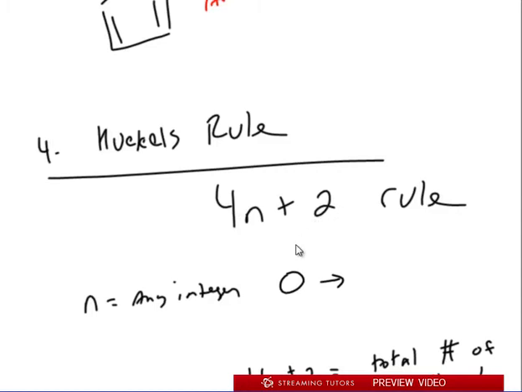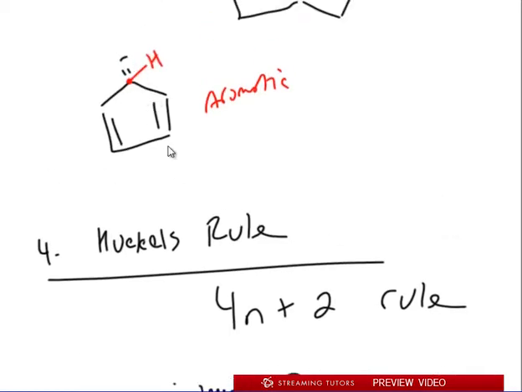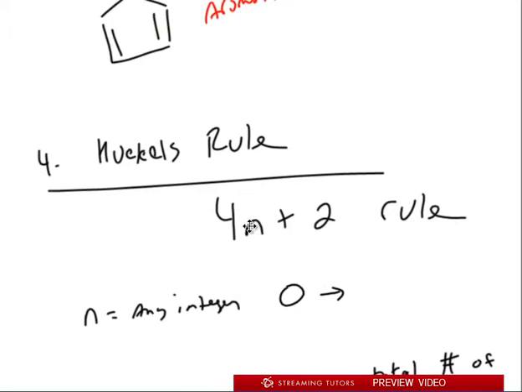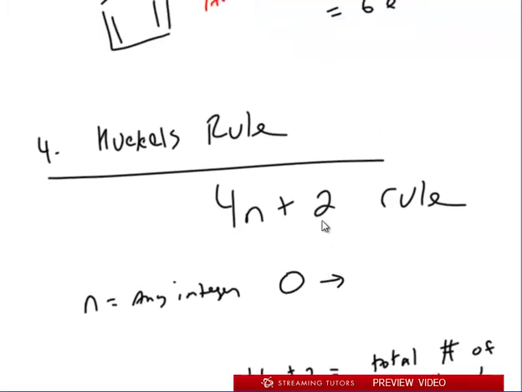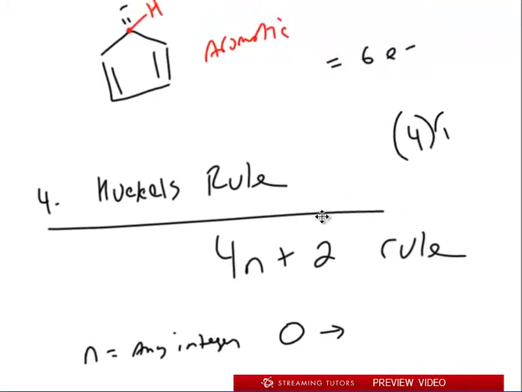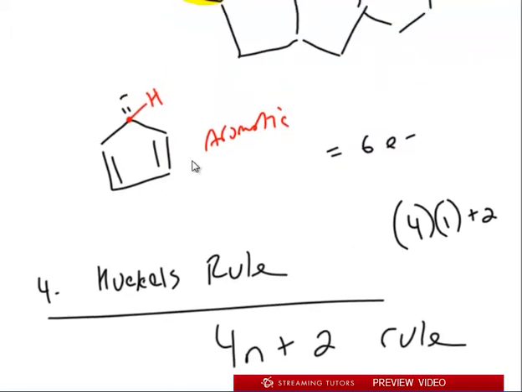So if you have a system with 2 electrons, it's going to be aromatic if it follows rules 1 through 3. Here, how many electrons are in here? There's 2 for this double bond, another 2, 4, and then another 2, 6. So 4 times 1 plus 2 equals 6. So this is equal to 6 electrons, and you can get that by 4 times 1 plus 2, right? So now I know this is aromatic.